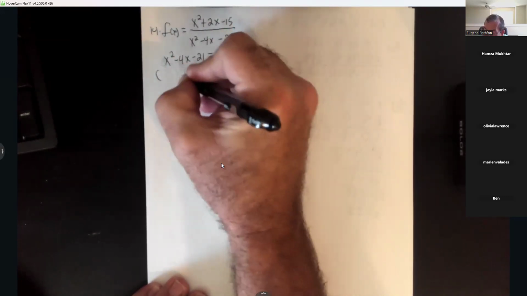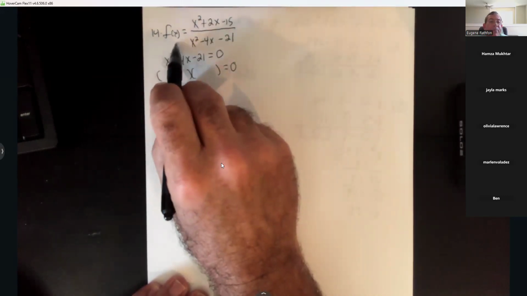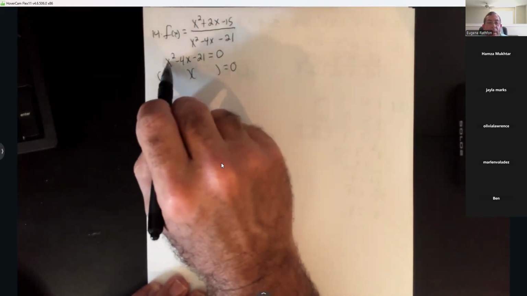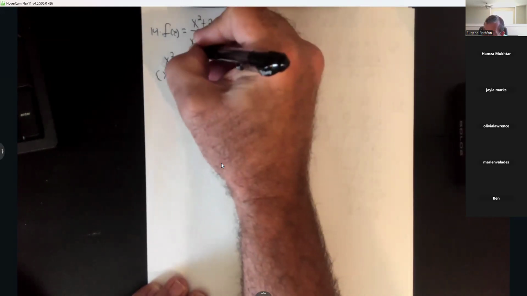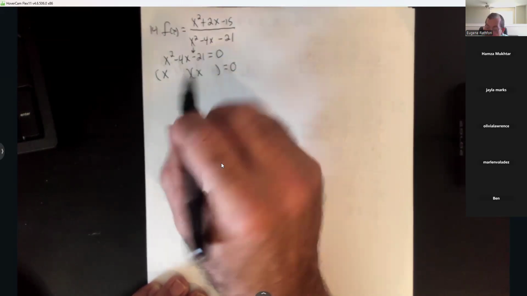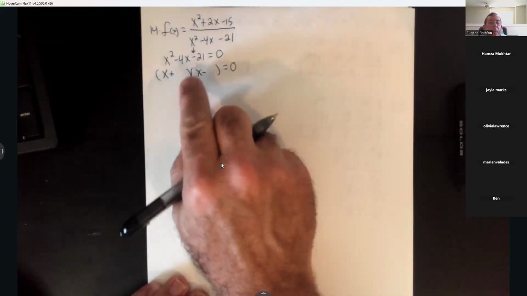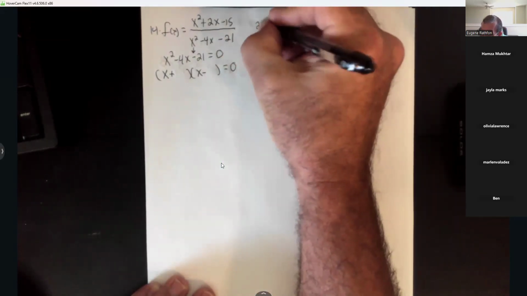All right, so on this one, I'm going to factor it into parentheses. So everybody's number 14 will factor, okay? So x² is an x and an x in the front. The last number's negative here, so you got unlike signs. One's positive, one's negative. So we need factors of 21.